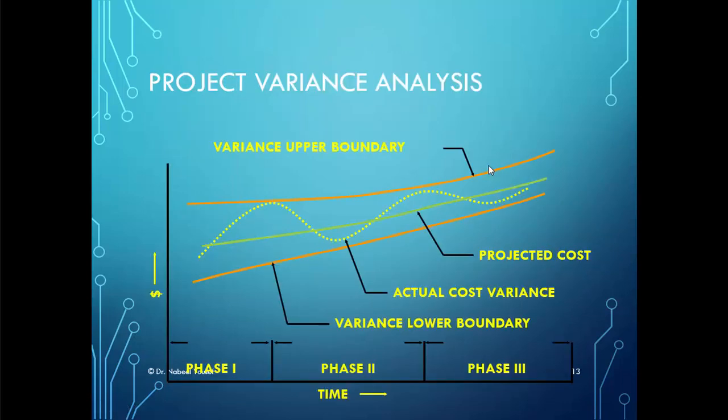The graph in this slide shows the upper and lower limits of the cost, and in the middle we can see the projected cost and the actual cost. Any variability that exceeds the provided limits will trigger an alert, and a course of action will be taken to adjust the cost and keep it within budget.